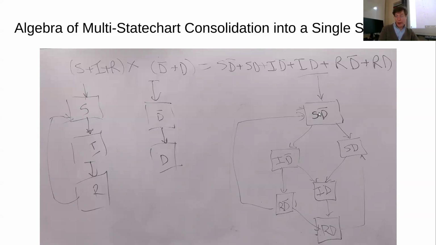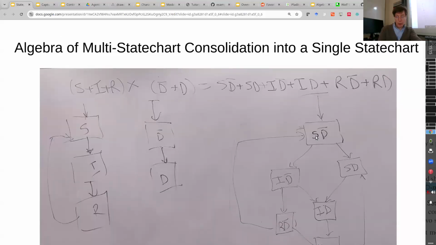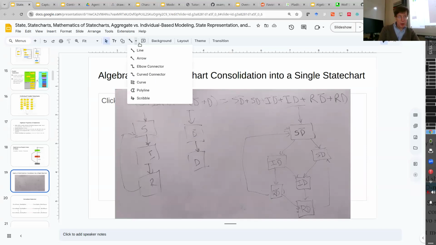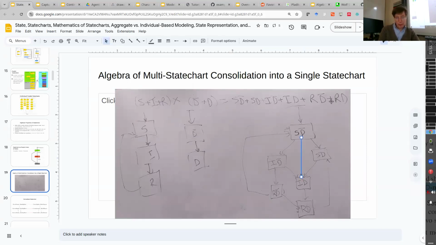Although you could go from not heart disease to disease, you can't go from susceptible to recovered. So there's no transition down here. There is one, and there should be one shown, and I apologize, between this one. I'll just draw that in to avoid confusing people. There we go.